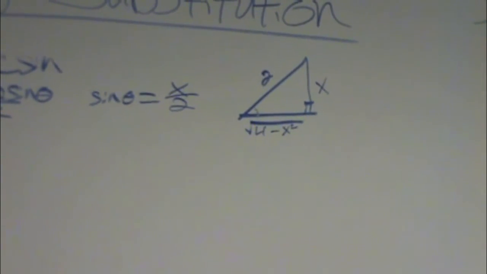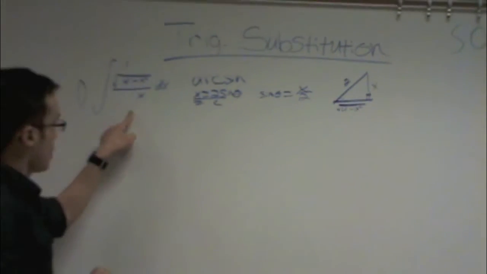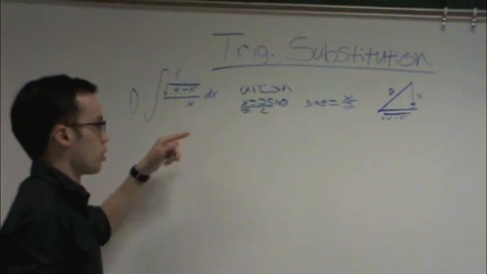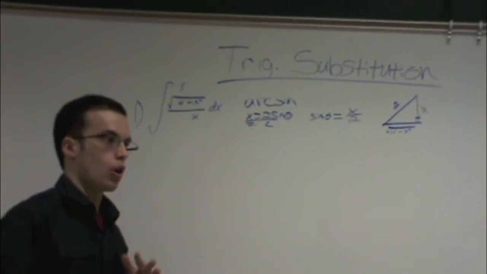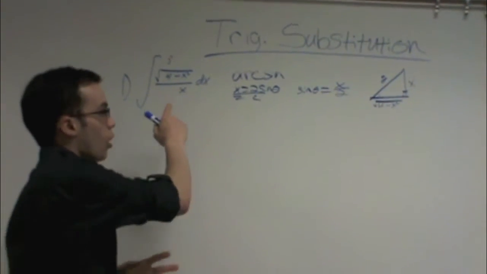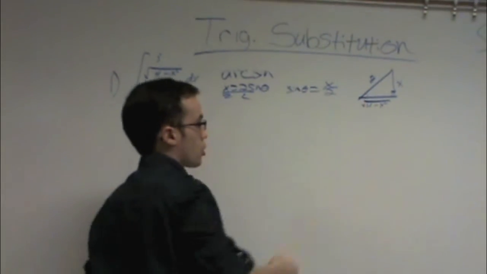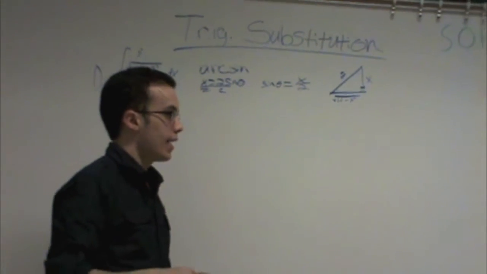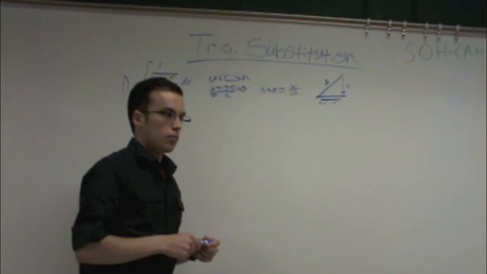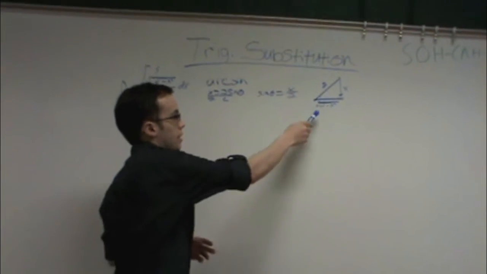What we have to do now is, like in this problem where we had this term over the x and we couldn't integrate that, we're basically going to go right back to this form, but instead of putting it over the x, we're going to put it over this constant term. So we have to find the trig function that relates this adjacent side.